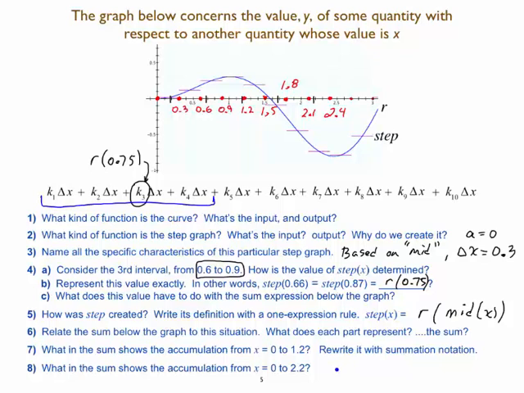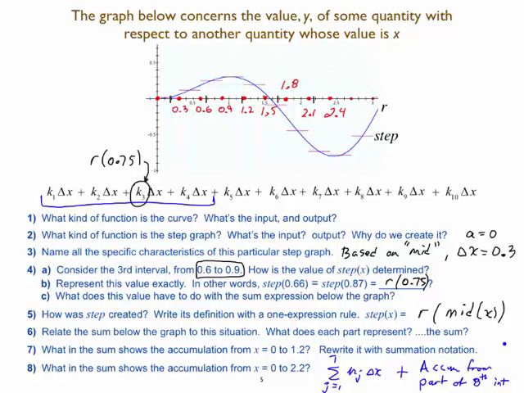So let's do summation notation. Say, j equals 1 to 7 of k_j delta x, plus the accumulation from part of the eighth interval.